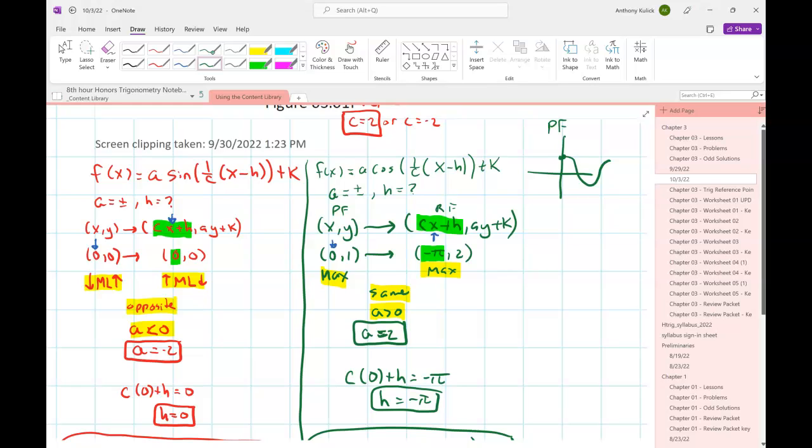What do you guys think? Have you noticed a pattern here? If I'm picking the parent function point to have an x-coordinate of 0, the x-coordinate of the point I'm pairing it up with is just my value for h.